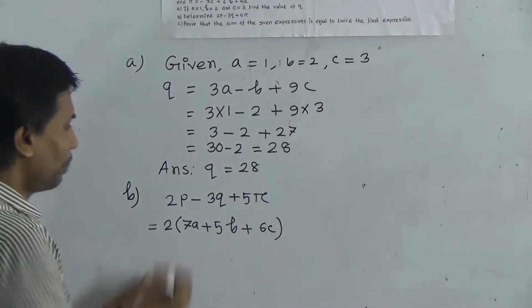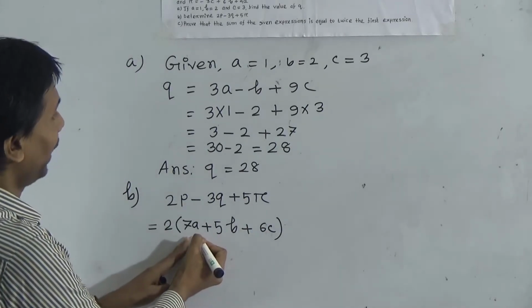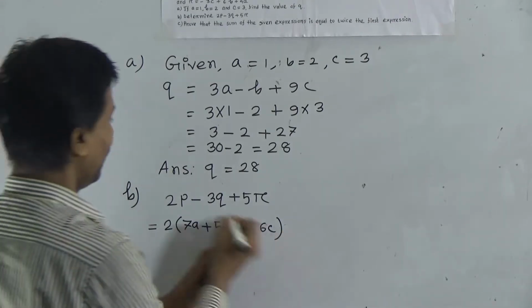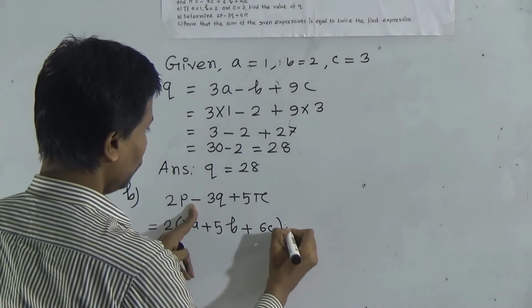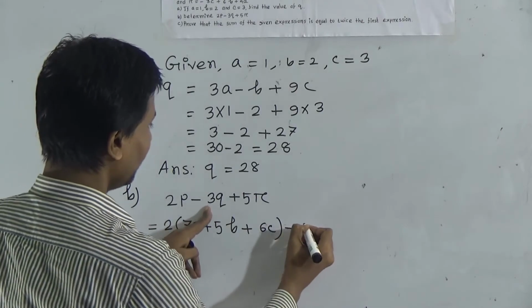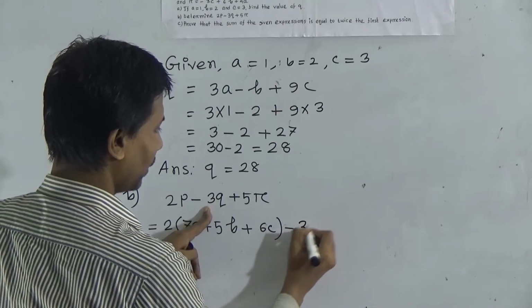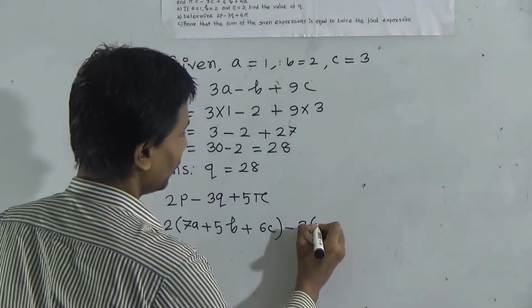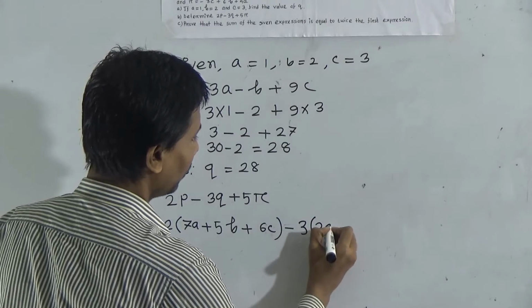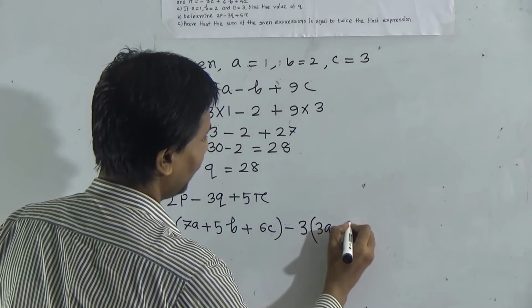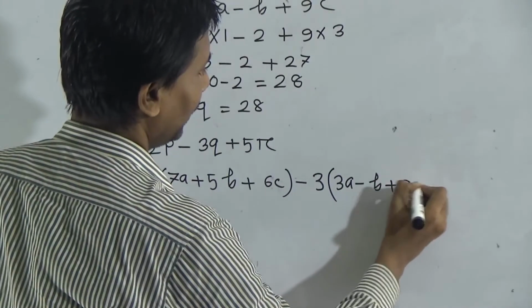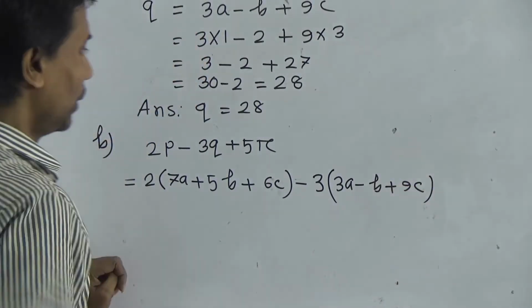Okay? P equal to, you see, 7A plus 5B plus 6C. Minus, you put this minus 3, right here 3. Q equal to what? Q equal to 3A minus B plus 9C. Okay.